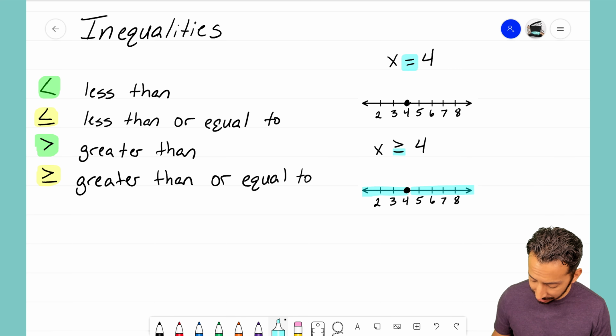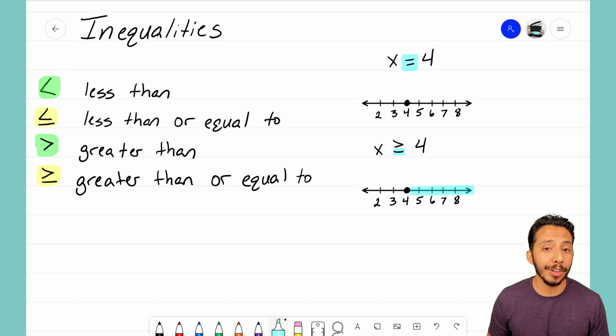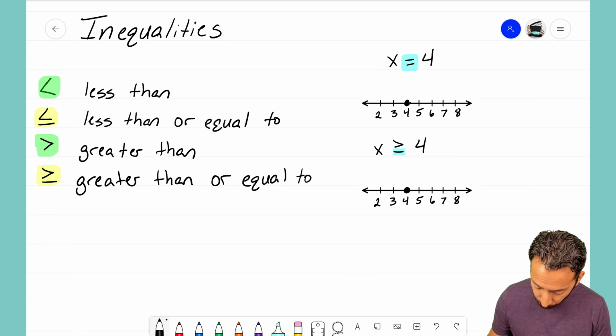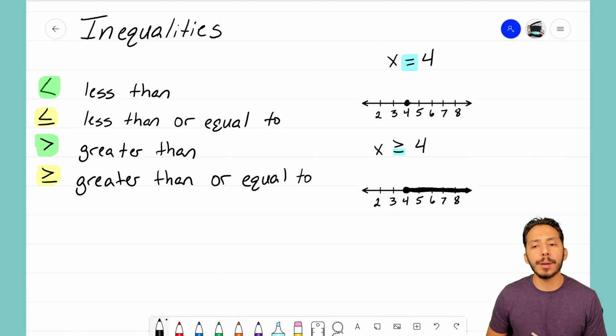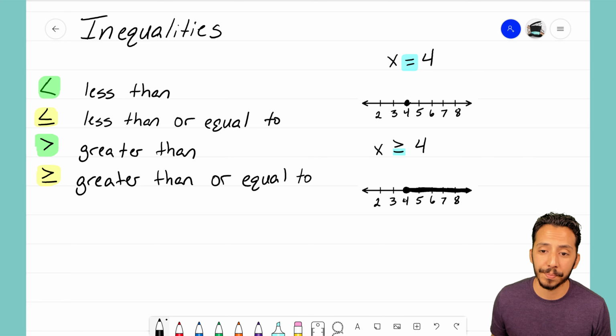And I hope you can start to realize that the part that is going to be greater than 4 is this right side there. We know that 5 is greater than 4, 6 is greater than 4, 7 is greater than 4, and we know that 2 and 3 are not greater than 4. So for this number line, I can shade it in. You can highlight it, you can darken it. I'm just going to darken it here. This number line shows the reader that you are talking about all the numbers that are equal to or greater than 4.